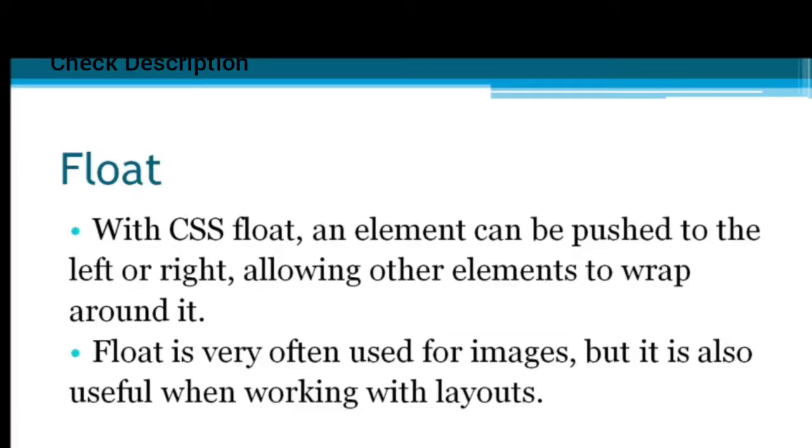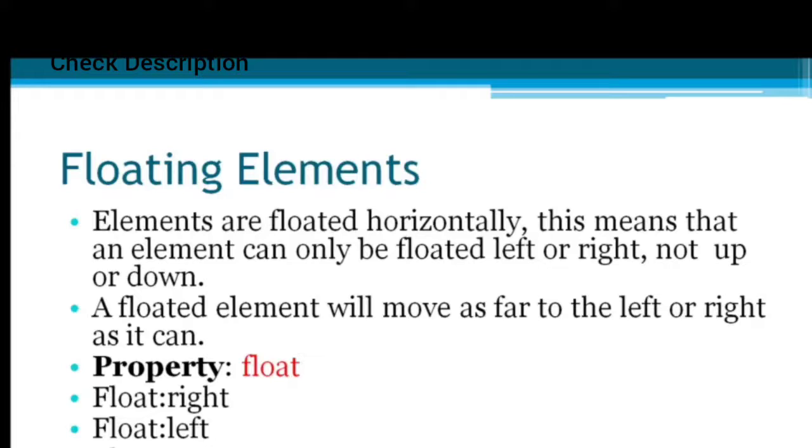With the CSS float, an element can be pushed to the left or right, allowing the other elements to wrap around it. It is very useful in the case of images, but it is also useful when working with layouts. A floating element is removed from the normal flow of the document.